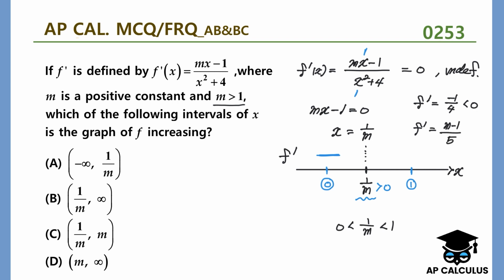Remember, m is greater than 1, so all of this is positive. So we have a positive here. The interval where the graph of f is increasing, f prime must be positive. So on this interval, f is increasing, which is from 1 over m to infinity. So the answer must be B, right?